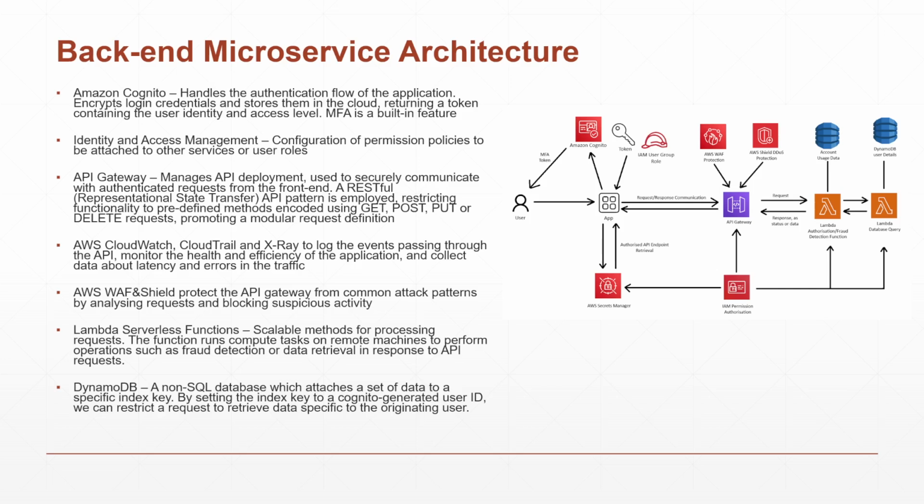And API requests will invoke some Lambda serverless functions, which are scalable methods for processing requests which run compute tasks on remote machines, and we'll use them to perform operations such as fraud detection or data retrieval from our DynamoDB data stores.